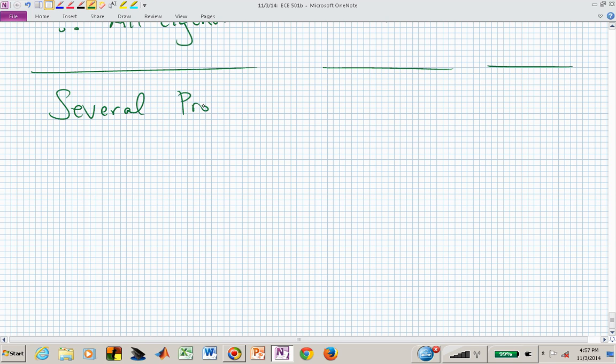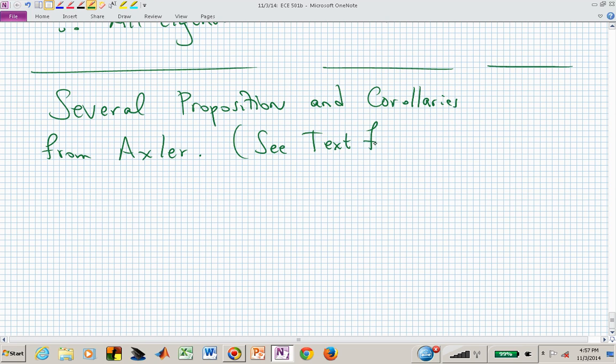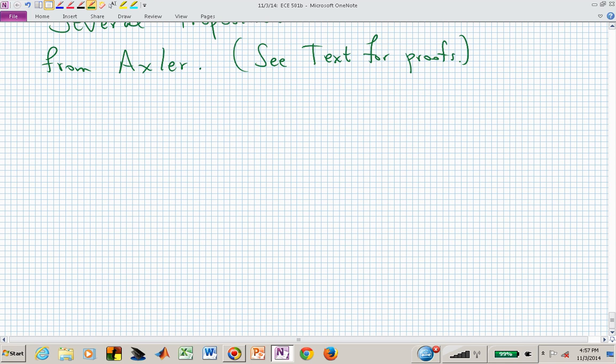Several propositions and corollaries from the textbook. And you can look at the text for the justification of these propositions and corollaries.